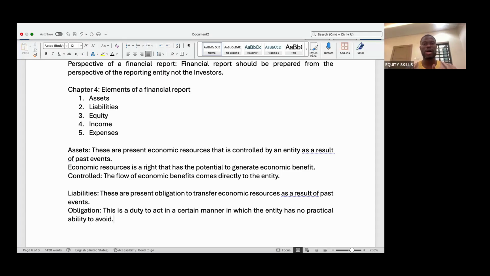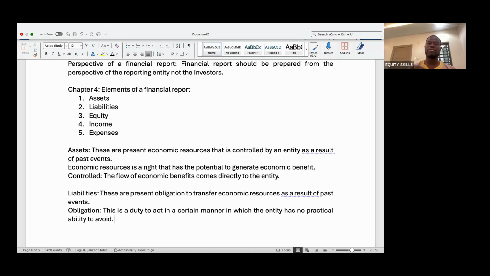So when you have a duty to act in a certain manner and you have no practical ability to avoid that duty, you have an obligation. If you can avoid it, if you need to do something and you can decide not to do it and nothing will happen, that's not an obligation. You don't have a liability.